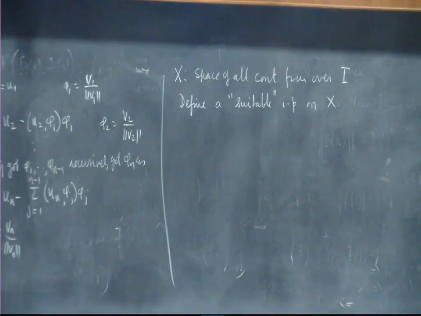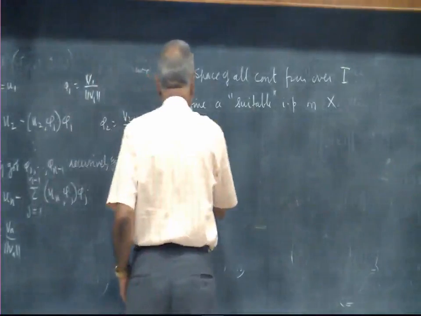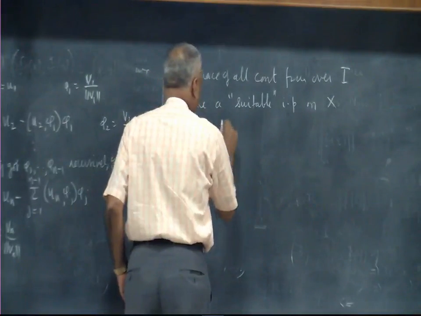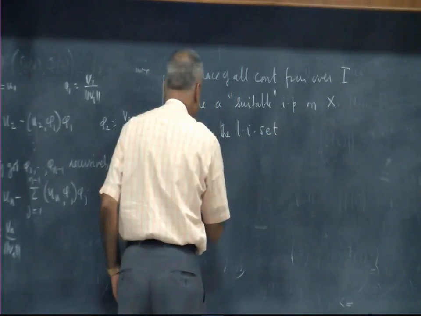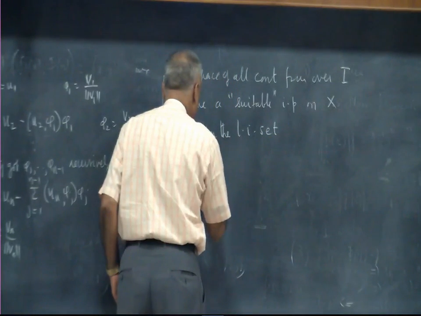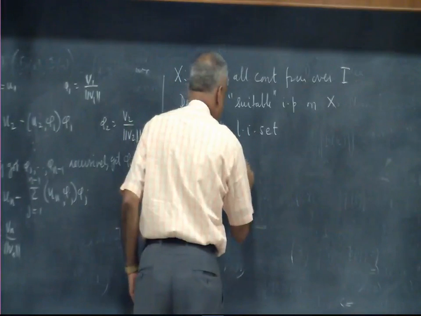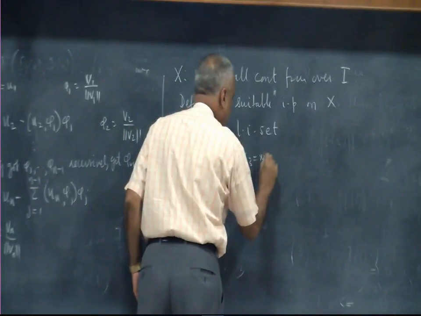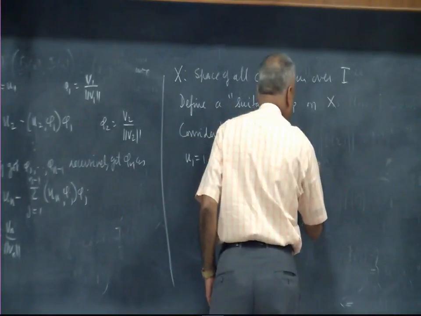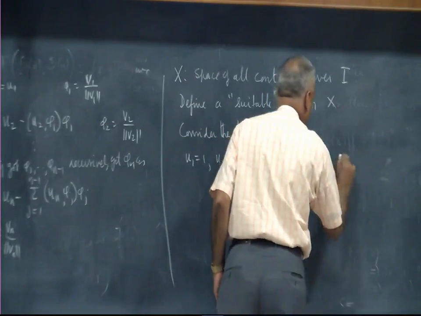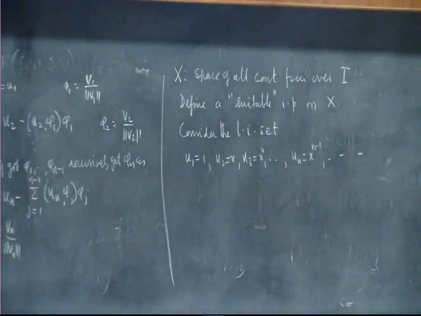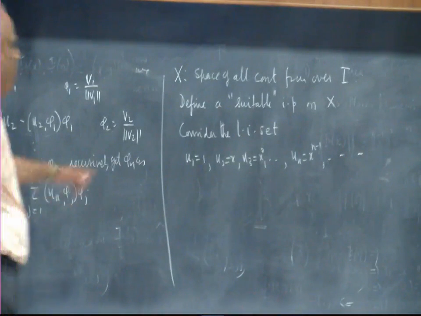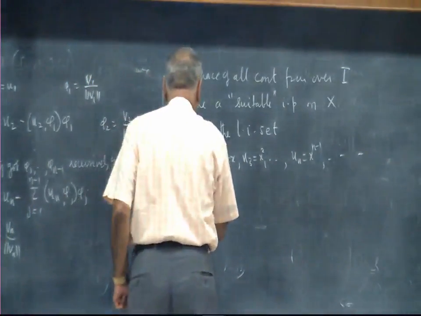Then consider the linearly independent set u1 equal to 1, u2 equal to x, u3 equal to x squared, un equal to x to the power of n minus 1, and so on. The 1, x, x squared, x cubed, they are all linearly independent. So, take this linearly independent set, you have now an inner product, apply Gram-Schmidt.